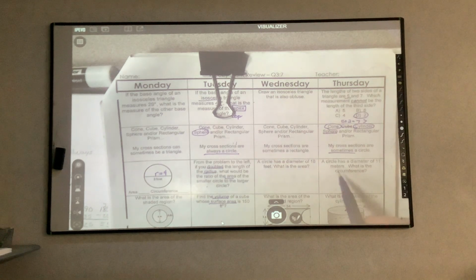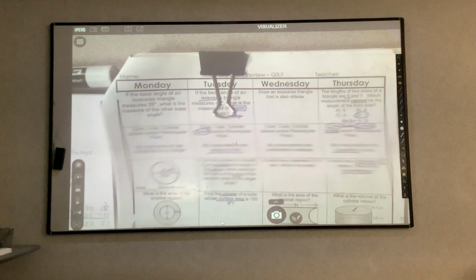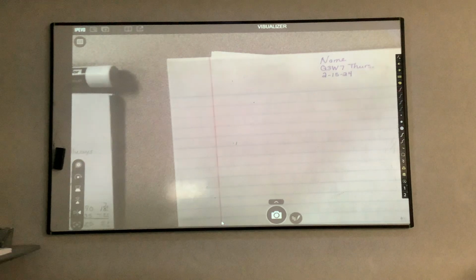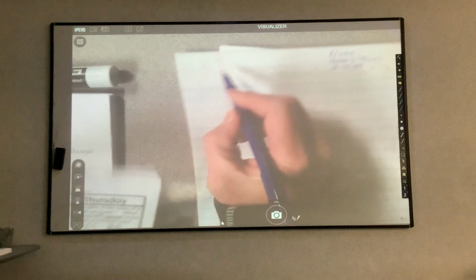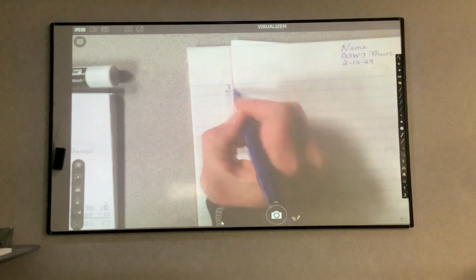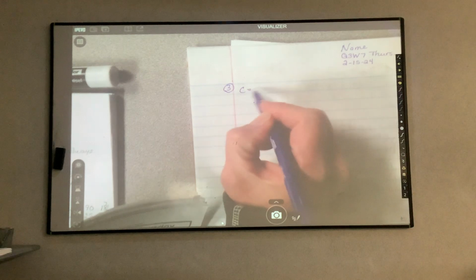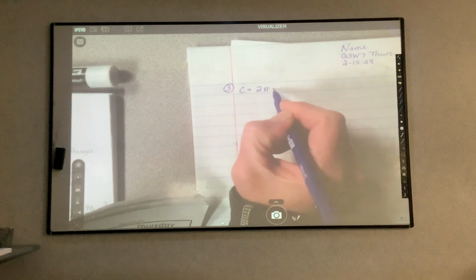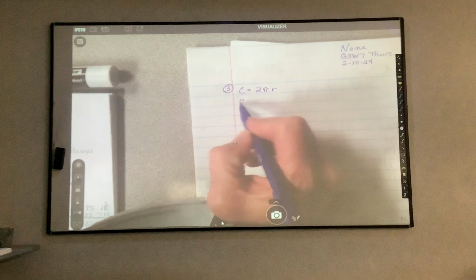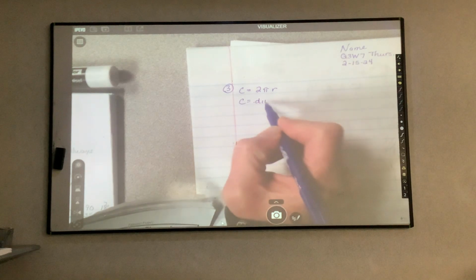Question number 3. A circle has a diameter of 11 meters. What is the circumference? So we know there are 2 formulas for the circumference. Circumference equals 2 pi r, or circumference equals the diameter times pi.